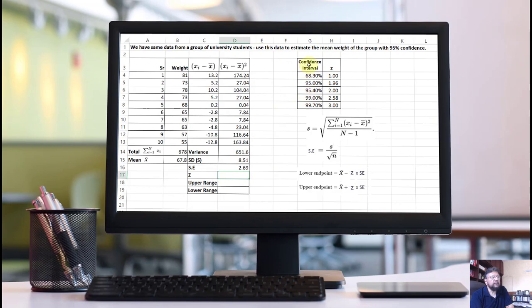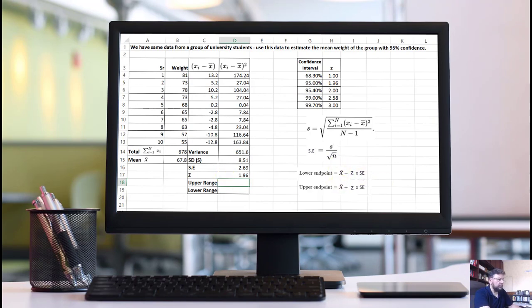In this case, we've said that we want a 95% confidence interval. So you look for 95, and the z value associated with that is 1.96. So you put 1.96 over here, and now we just need to do this calculation.